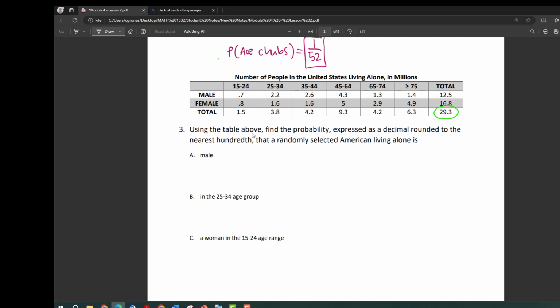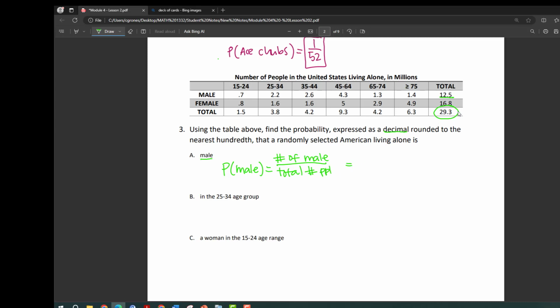It says use the table above, find the probability expressed as a decimal rounded to the nearest hundredth that a randomly selected American living alone is a male. They don't give any specific age, they just tell us male. So we want to use the total of the men, which would be 12.5. So the probability of a male is going to be the number of males living alone divided by the total number of people.